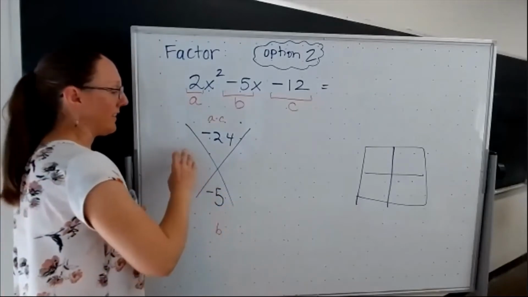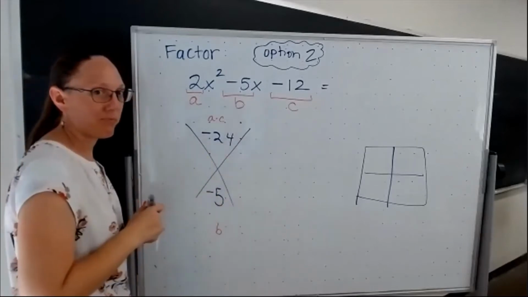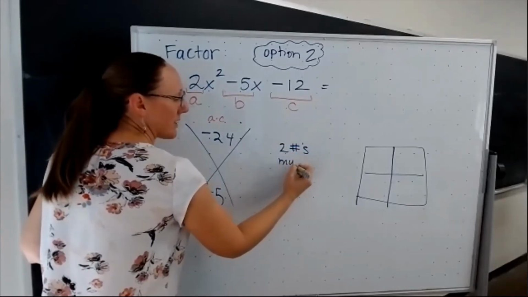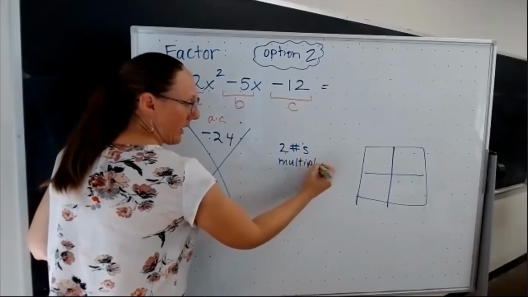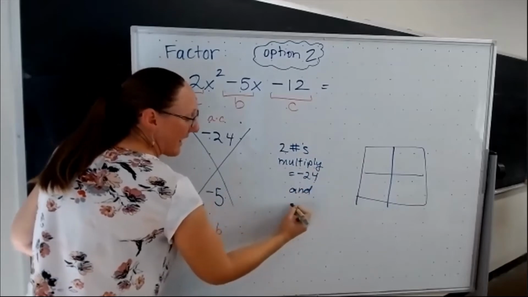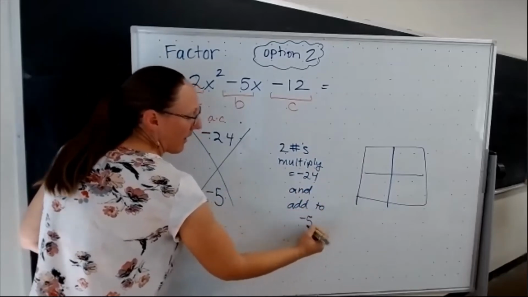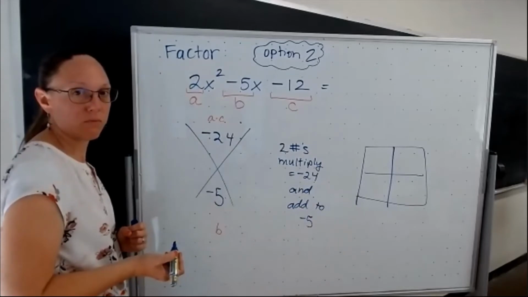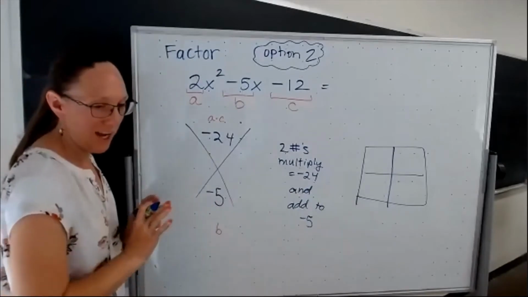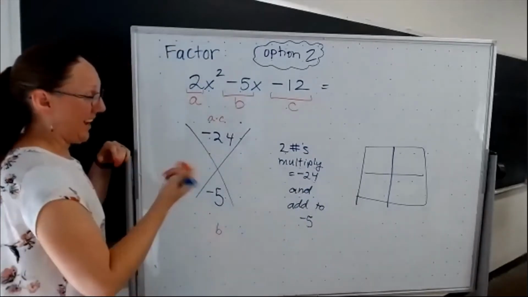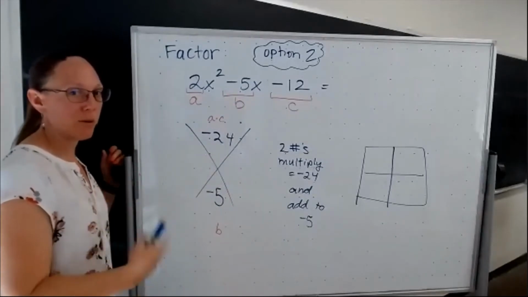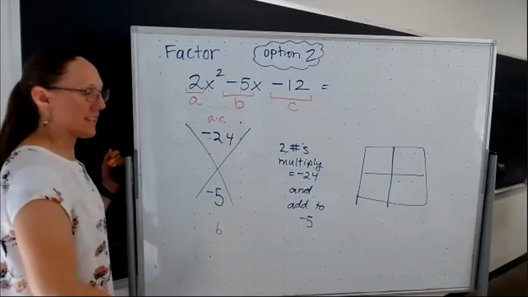What I'm looking for in these other 2 spots are 2 numbers that multiply to equal negative 24 and add to negative 5. Now with this negative 24 and the negative 5 here, I'm just, again, kind of stuck with this guess and check element, which if it helps you to keep track of what you've already tried, I would just list out the factors.